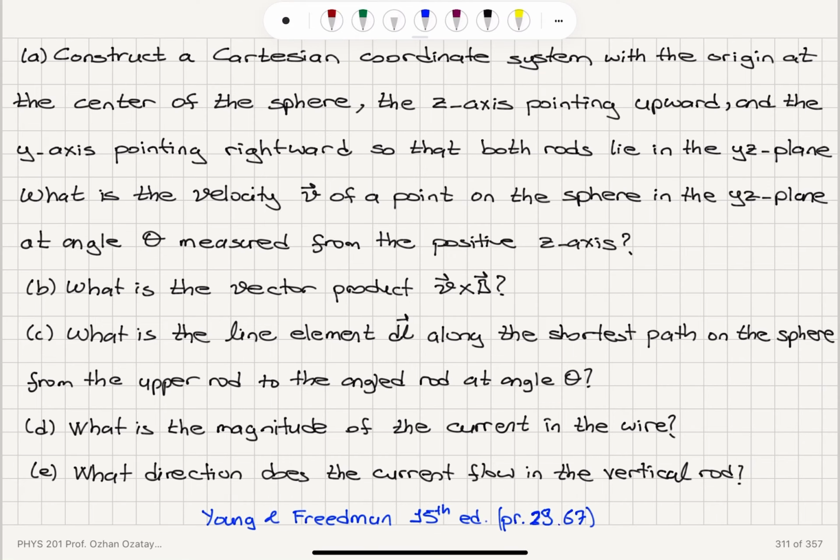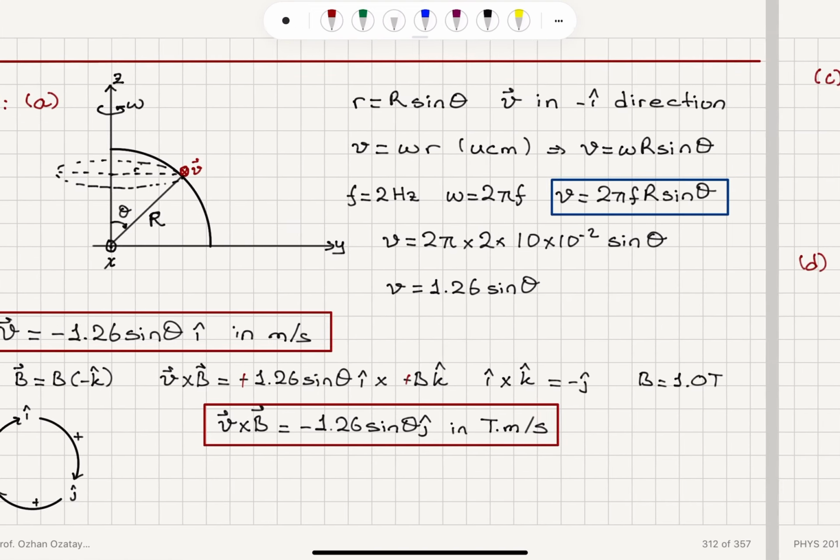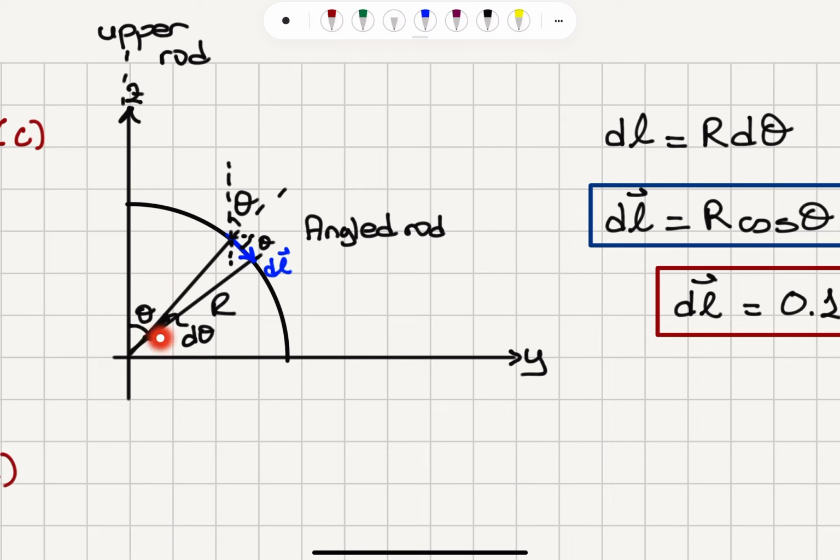In part C, we want to find the line element dl along the shortest path on the sphere from the upper rod to the angled rod at angle theta. So if this angled rod is at angle theta, this is the upper rod. On the shortest path that connects these two, we are on the spherical shell. So this makes a small angle d theta here. Capital R d theta is the magnitude.